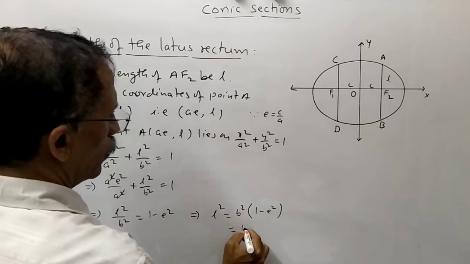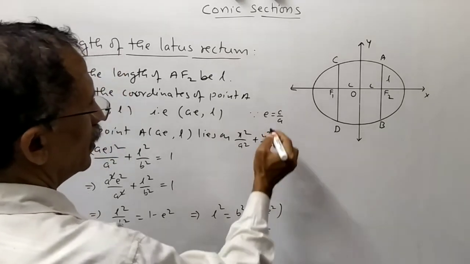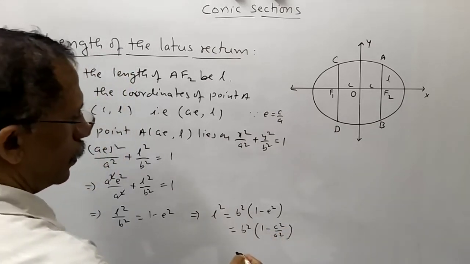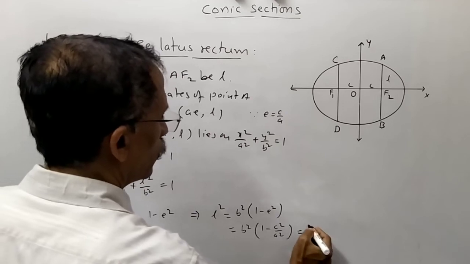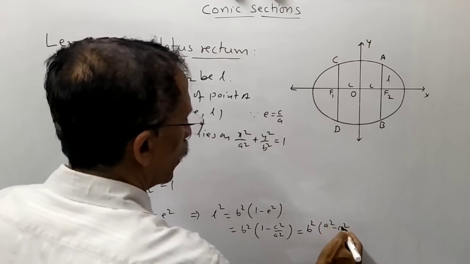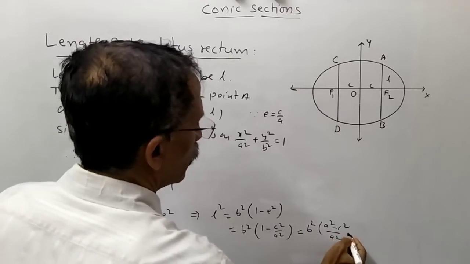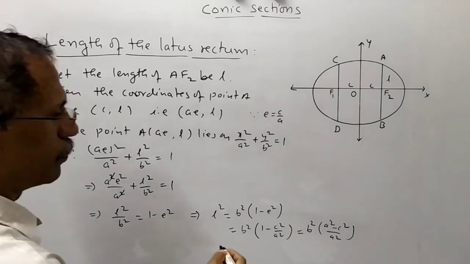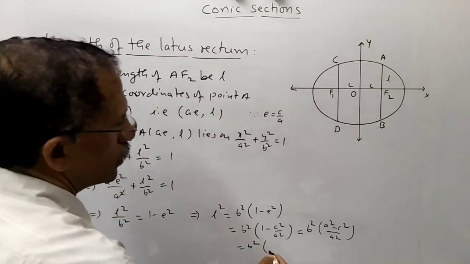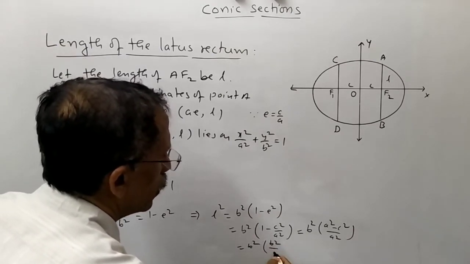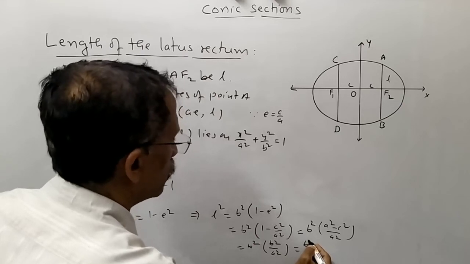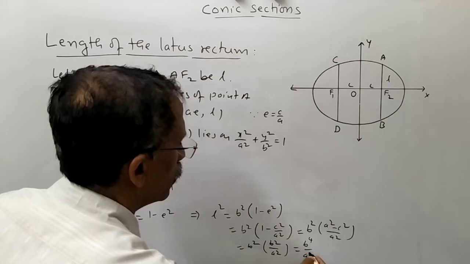This is equal to b square into 1 minus e, which is nothing but c by a, c square by a square, is equal to b square into (a square minus c square) divided by a square, is equal to b square into b square divided by a square, is equal to b raised to the power 4 divided by a square.